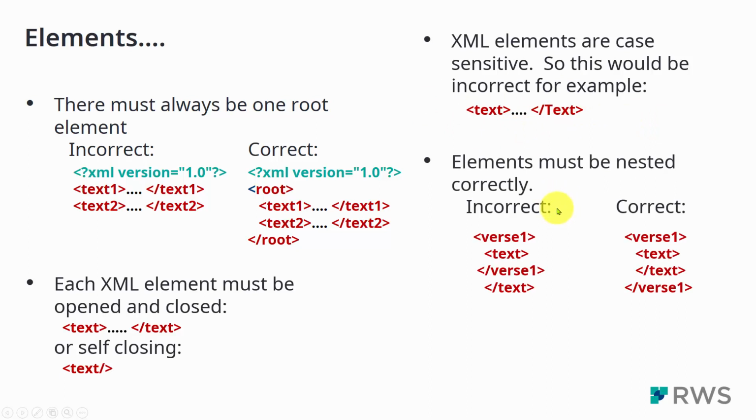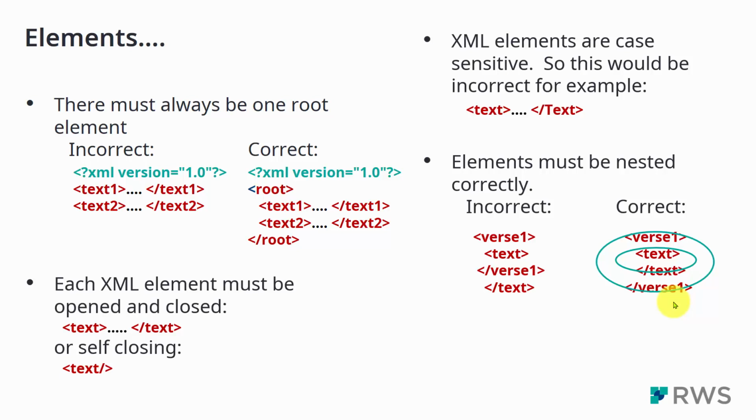The elements must also be nested. So an incorrect version of this would be this one on the left, and a correct version on the right. The way to explain that is that if you imagine a sequence of circles, you can see there that the first circle, the outer circle, starts on the opening tag of verse 1 and ends on the closing tag of verse 1. The inner circle starts on the opening tag of text and ends on the closing tag of text, but they don't cross each other.